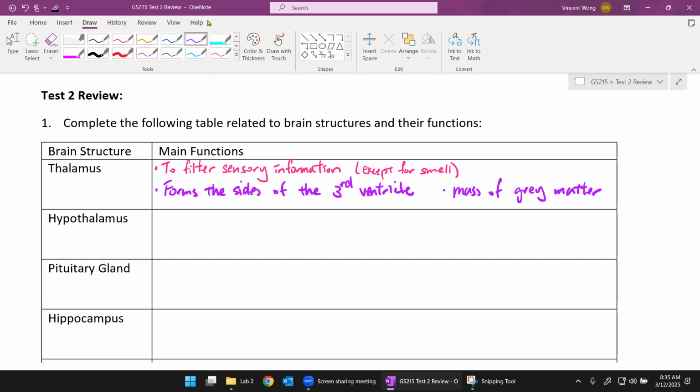Okay, next we have the hypothalamus. The main function of the hypothalamus is to maintain homeostasis through hormones.